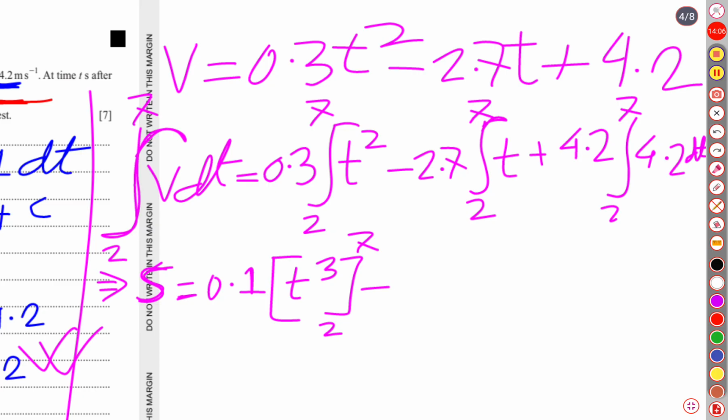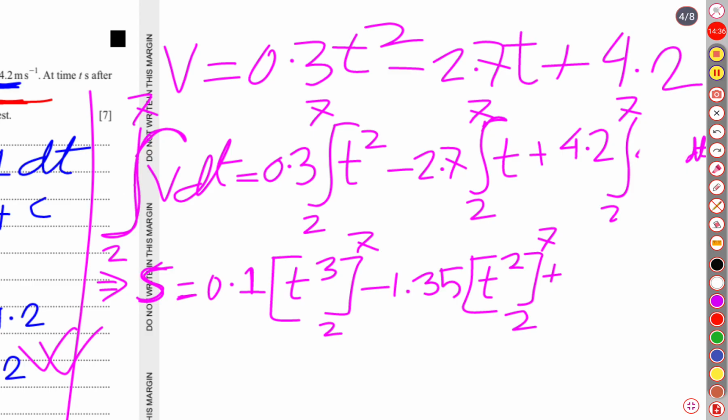If we divide 2.7 by 2, it is going to be 1.35 t square, and the limit is from 2 second until 7 second, plus 4.2 t.